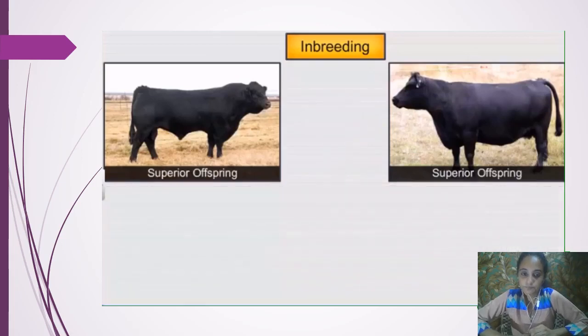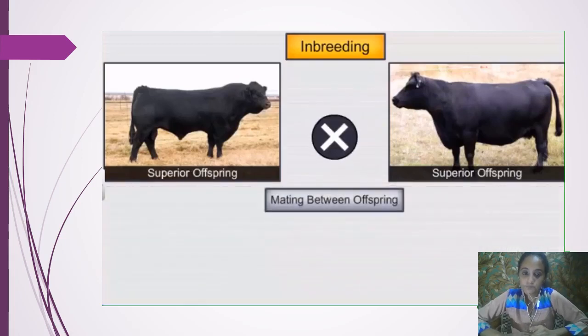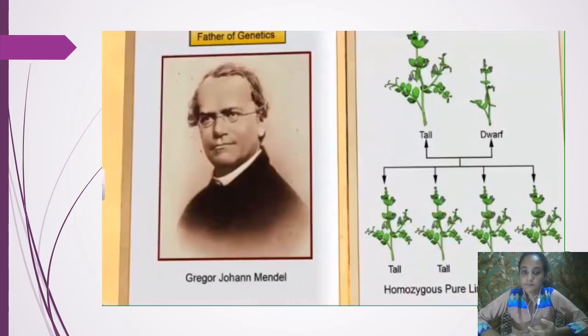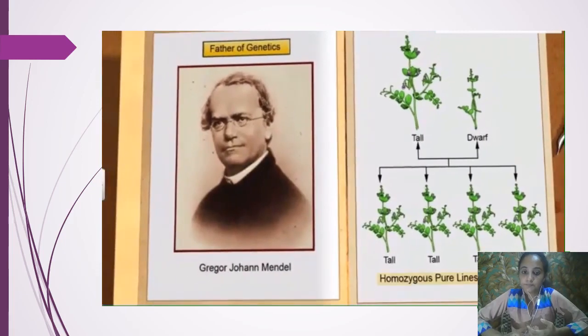Again, between the offspring, the superior male and female undergo inbreeding. And finally, the homozygosity will be increased and we get the pure lines. Pure lines means there are no other undesirable characters. This is similar to Mendel's experiment that yielded homozygous pure lines in pea plants.